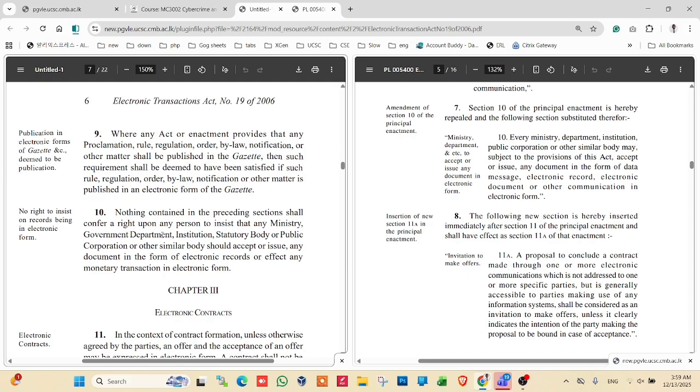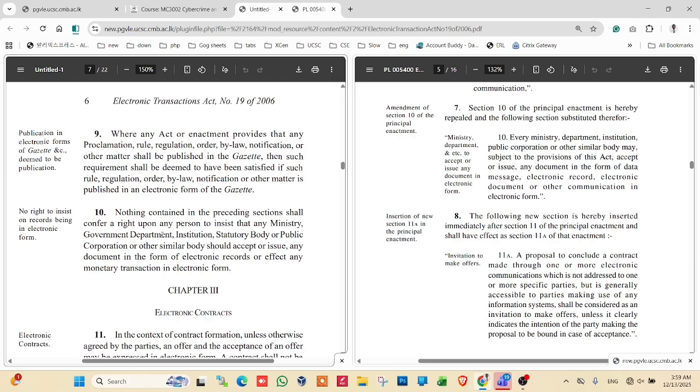It gives permission to government ministries and departments, and it gives the purpose, but it says something like this, right? Every ministry, department, institution, public corporation or other similar body may, subject to the provisions of the Act, accept or issue any document in the database or electronic document or any form in that electronic form, right?